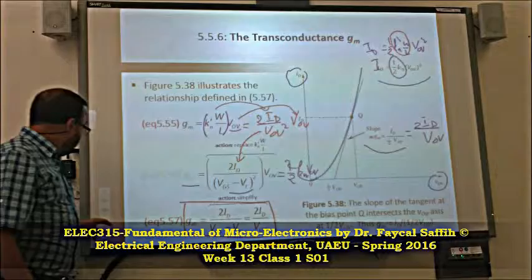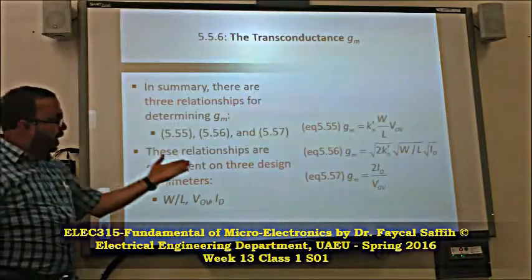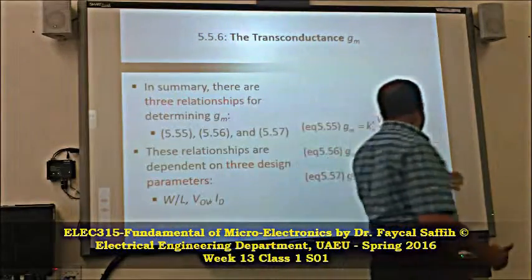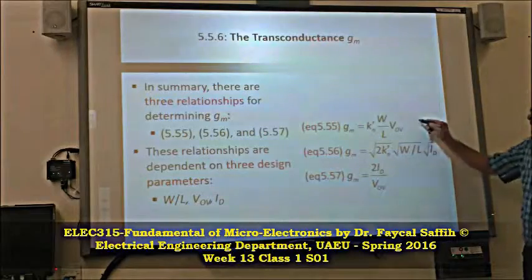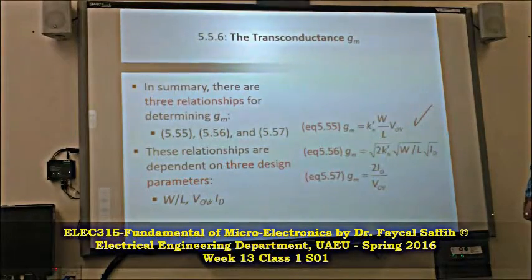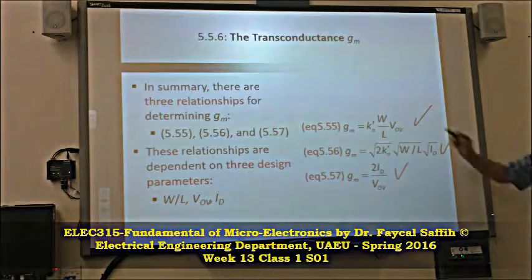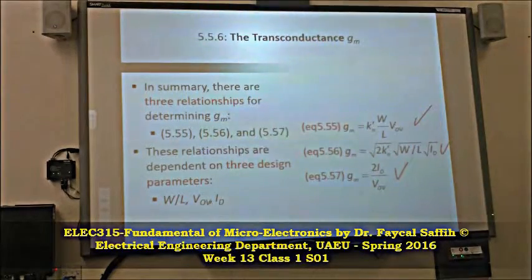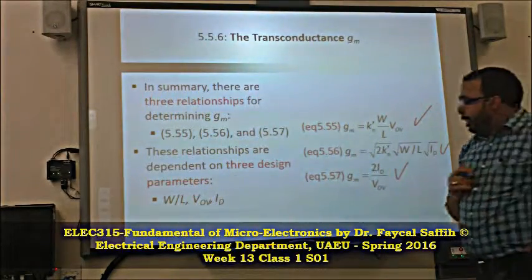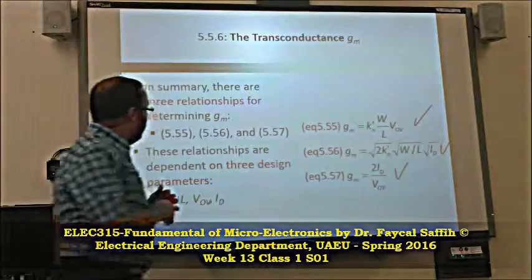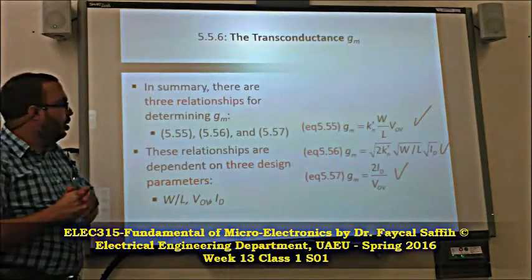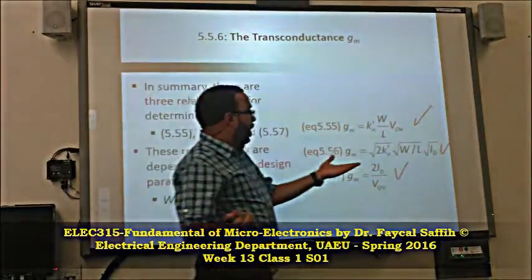Got it? In a nutshell, we have three equivalent equations for gm: the very basic one that we know already, the second one, and this equation. Which one we use depends on what we have in the problem.